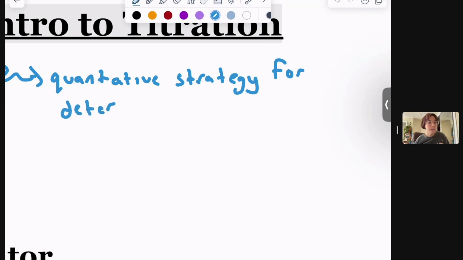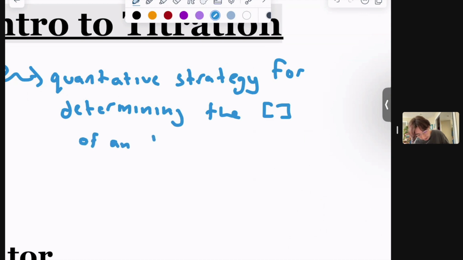And what we're going to use it for usually is to determine the concentration of an analyte, is what we're going to call it.